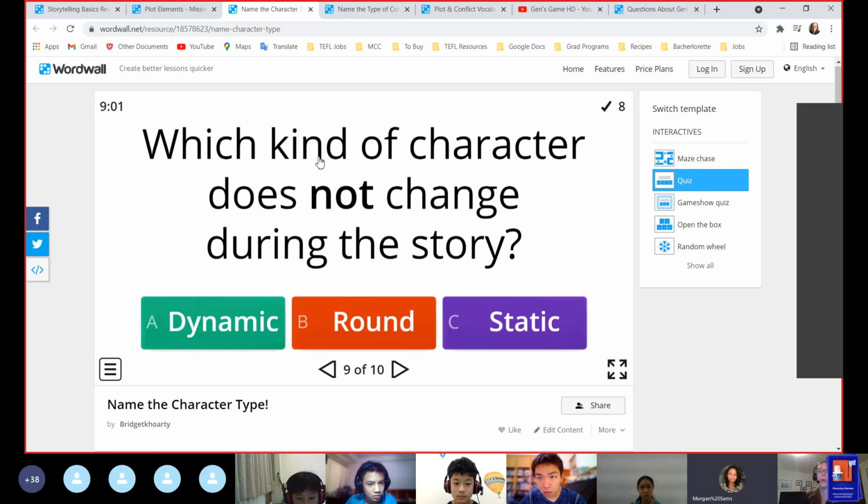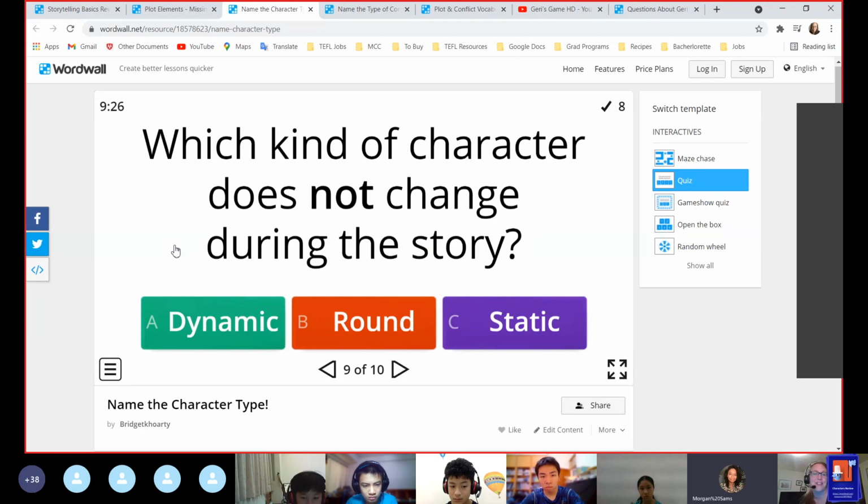Okay. Which kind of character does not change during the story? Also testing our memory. They do not change. They stay the same. Is it dynamic, round, or static?